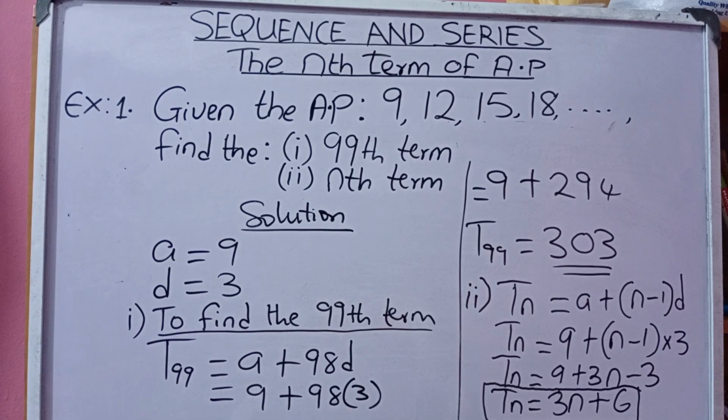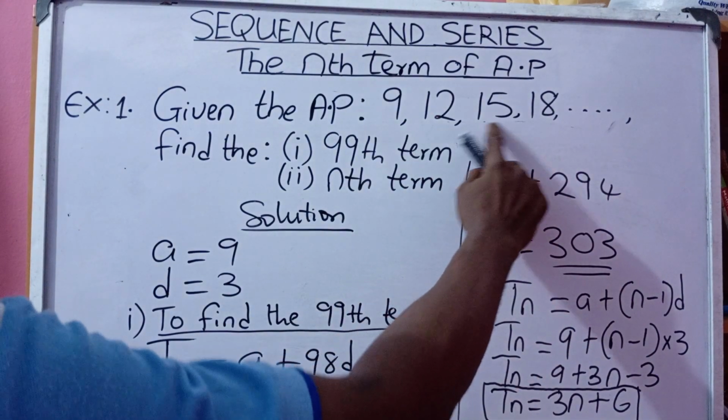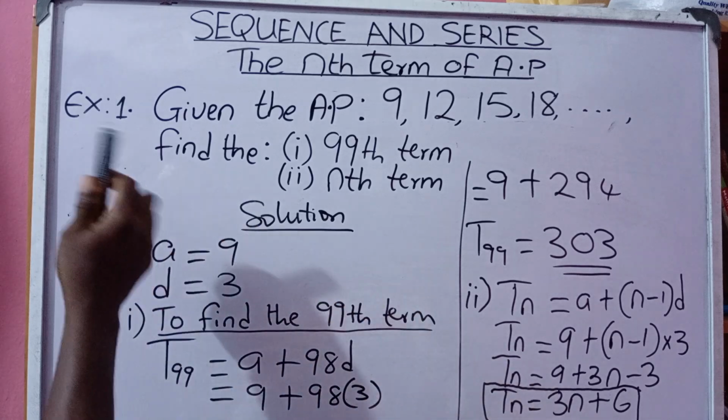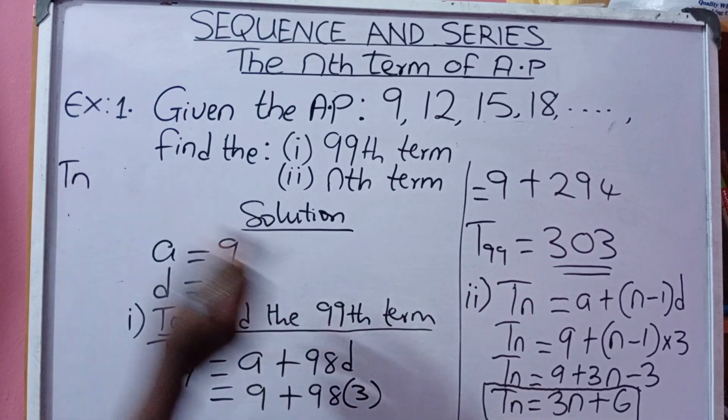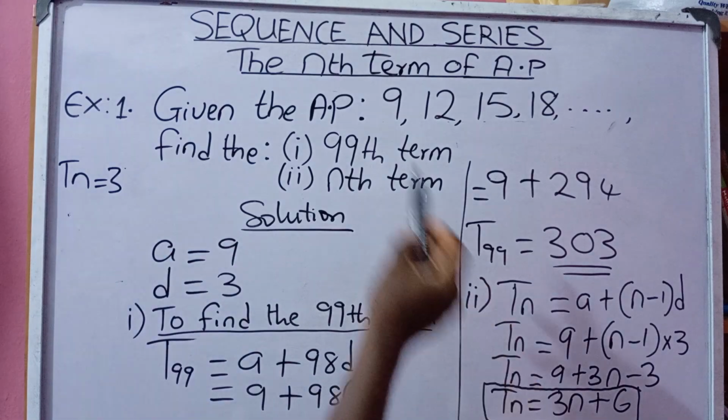So the next formula we can use to determine any of the subsequent terms of the AP 9, 12, 15, 18 is T sub n equals 3n plus 6. Take, for example, the first term, second term, third term. If I want to determine the third term using this formula, we are looking for the third term.